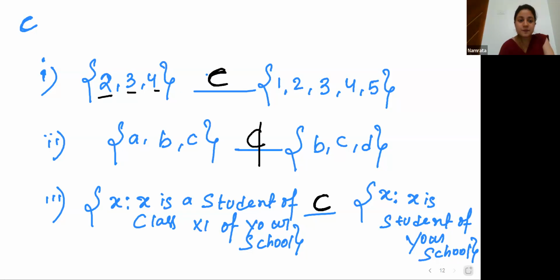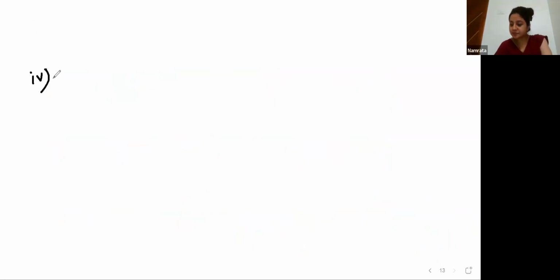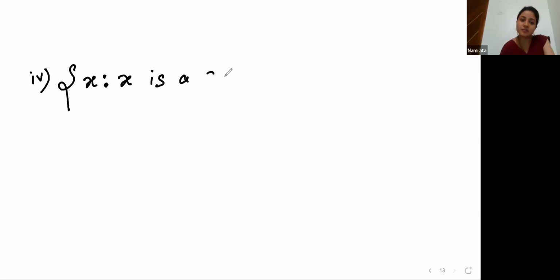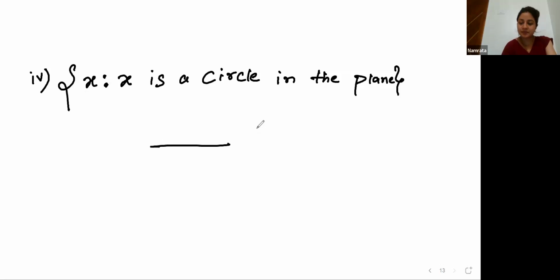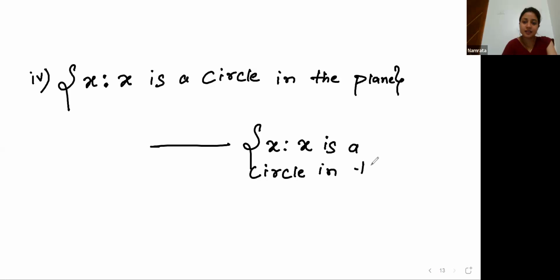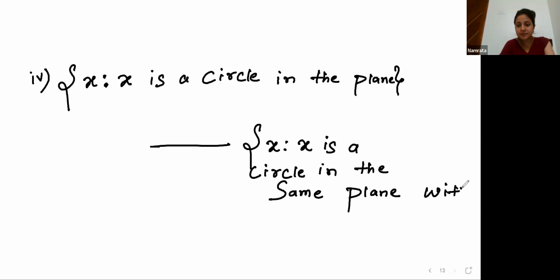The fourth one was: X such that X is a circle in the plane, dash, X such that X is a circle in the same plane with radius 1 unit.